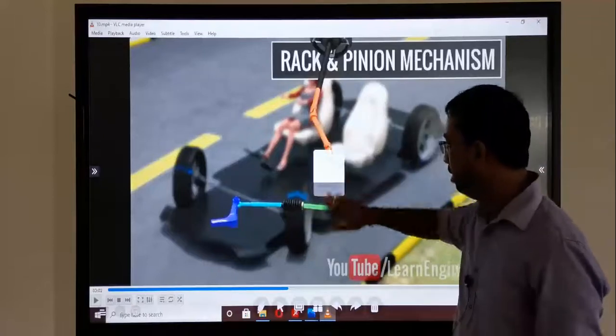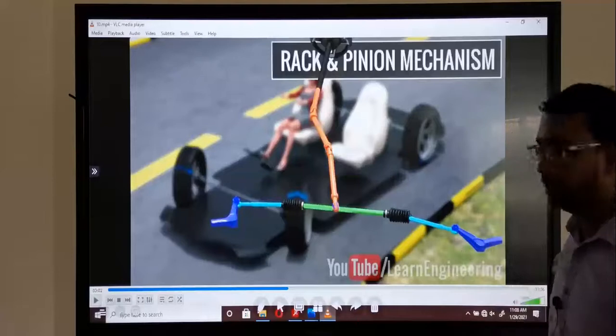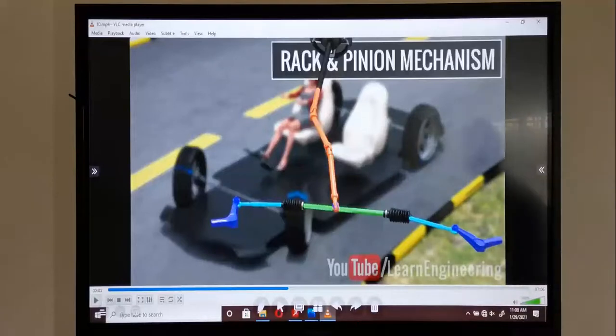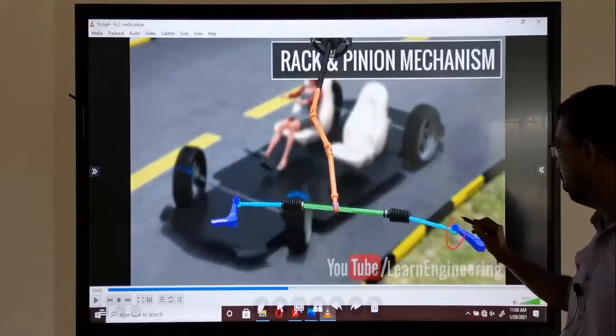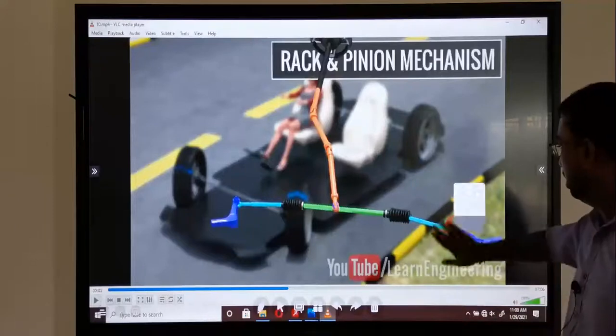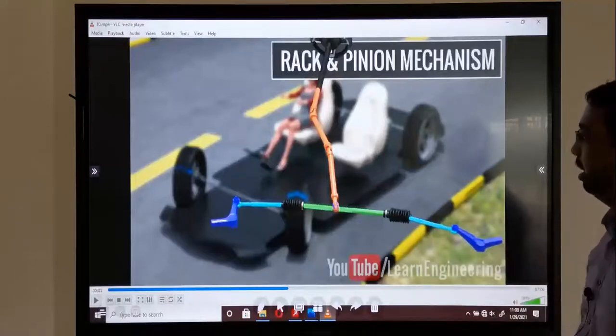Here this is the tie rod, we call it the tie rod. Here the ball joints are connected with the steering knuckle.